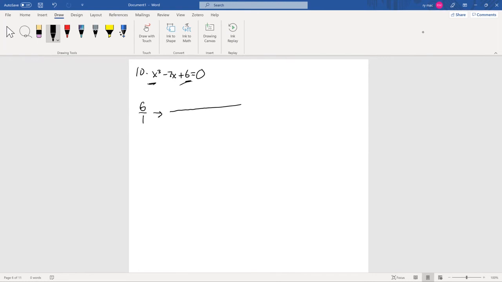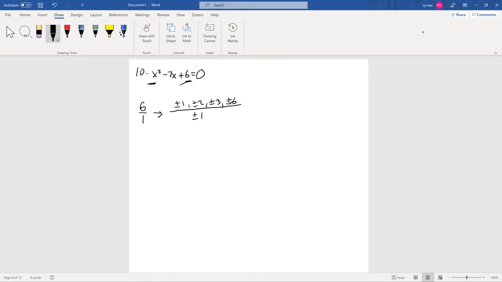So what numbers multiply to get to 6? And then you also have to remember that you have to take into account both positive and negative numbers. So for 6, it's going to be plus or minus 1, plus or minus 2, plus or minus 3, and plus or minus 6. And then 1 is pretty simple. That one is just plus or minus 1.